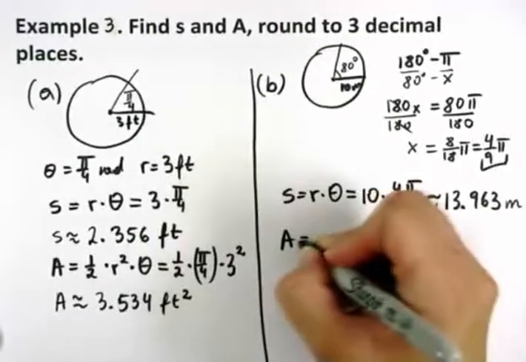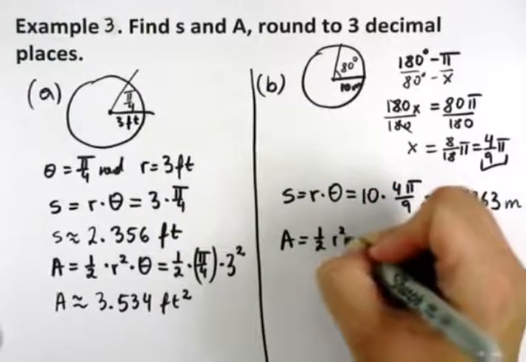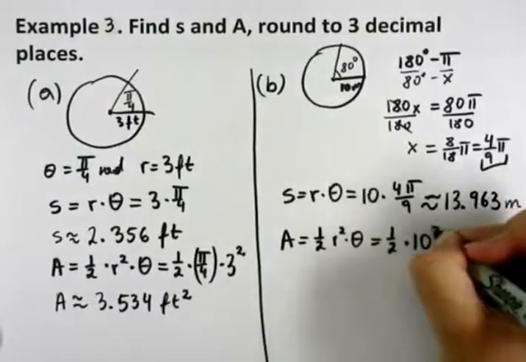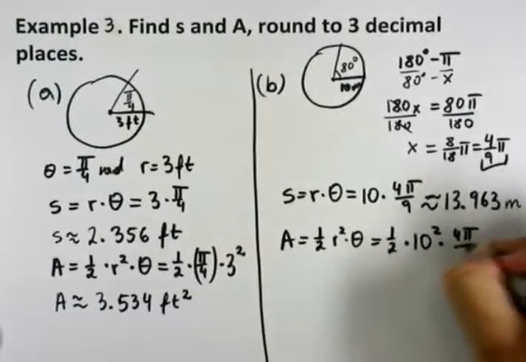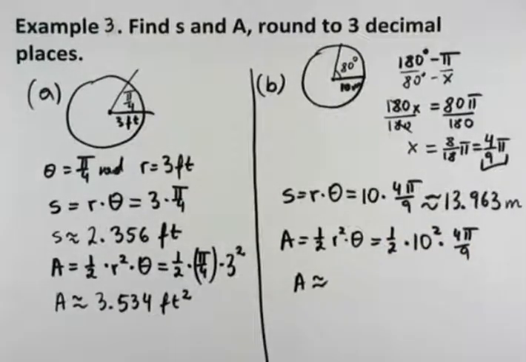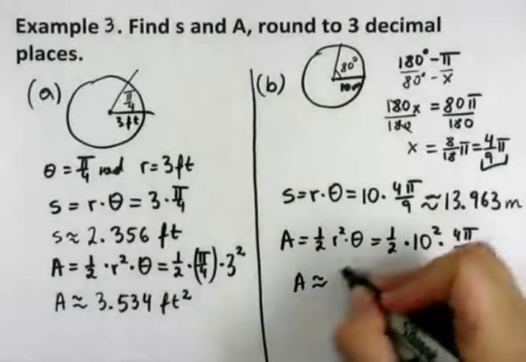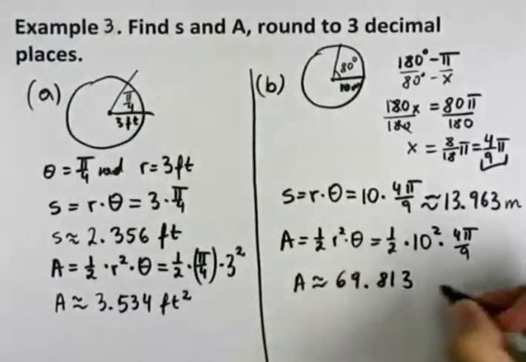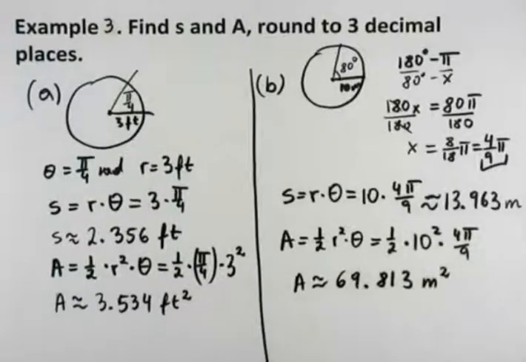And area is 1/2 r squared times theta. So this one is 1/2 times 10 squared times 4 pi over 9. So the area approximately is 69.813, and this would be meters squared.